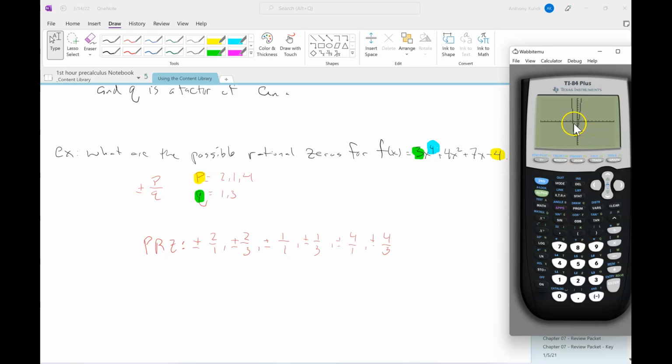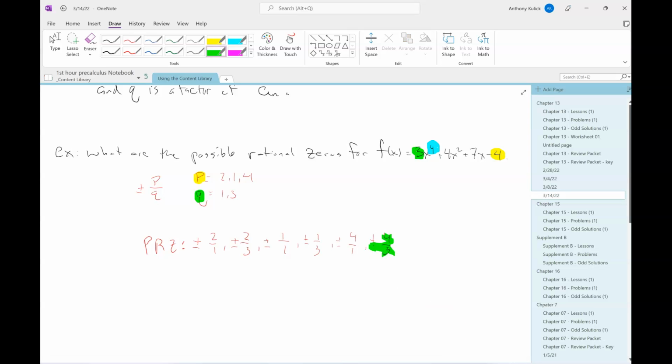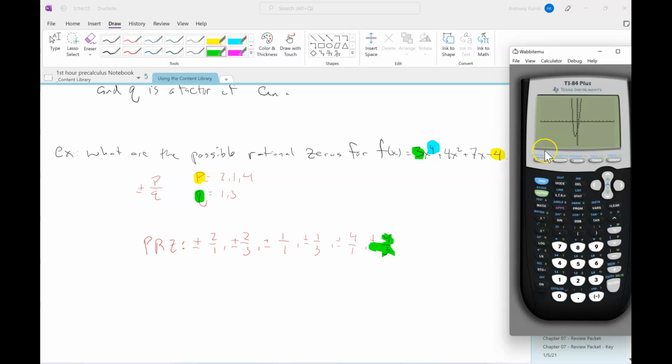So if I look at my x-intercepts, I see I have one here at, it looks like a little bit less than -1, which is probably -4/3. Seems like a good possibility. And then somewhere here, just bigger than 0, but less than 1.